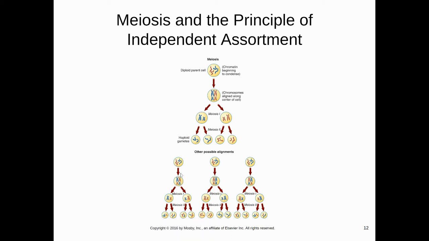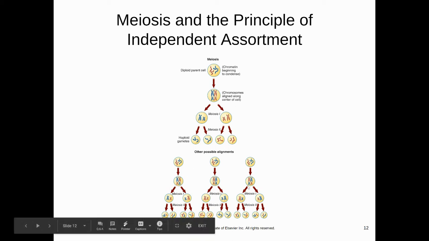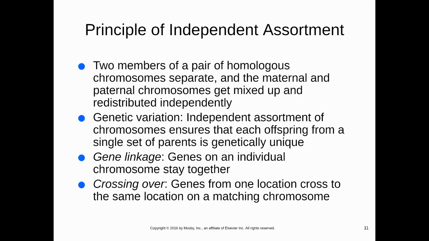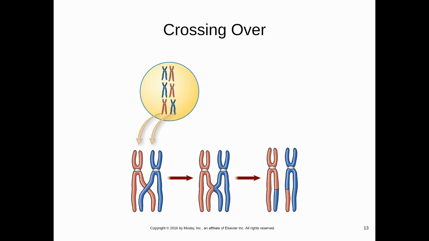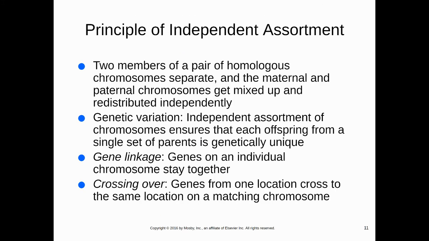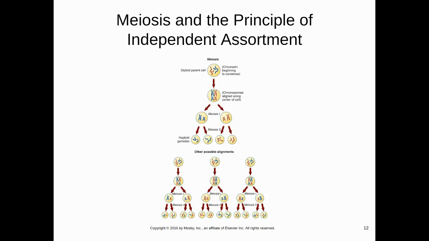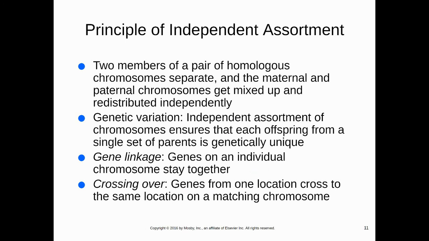You can have red and blue, it doesn't really matter. No one chromosome is going to be attached to another chromosome. The only thing that will be linked is the gene linkage, where genes that are so close together will stay together.